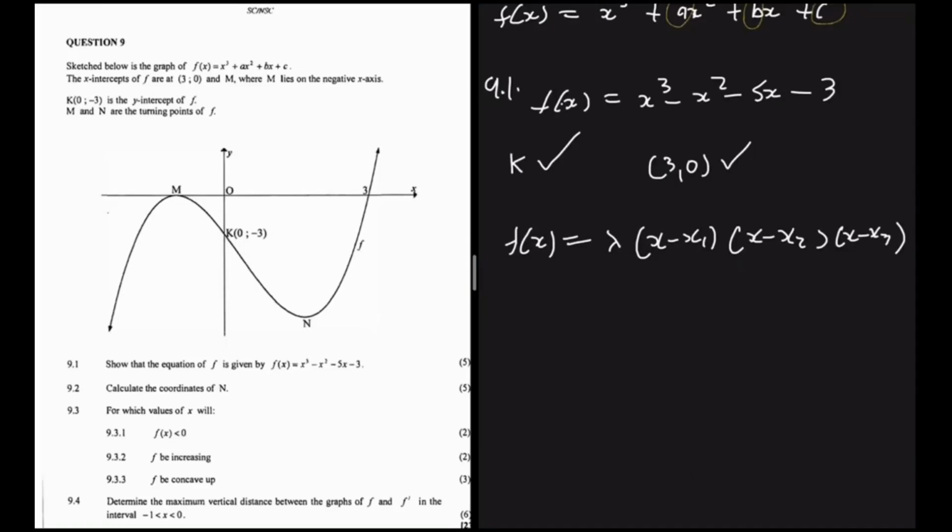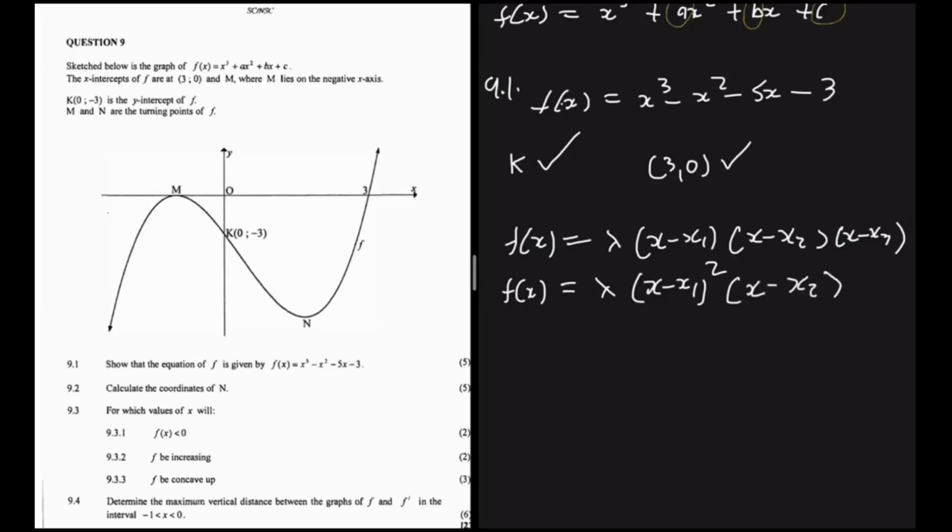But in our case, you will realize that we only have 2 intercepts. But then it goes on to say that if we have 2 intercepts, we can have f of x equals some constant multiplied by x minus x1 squared and then x minus x2.